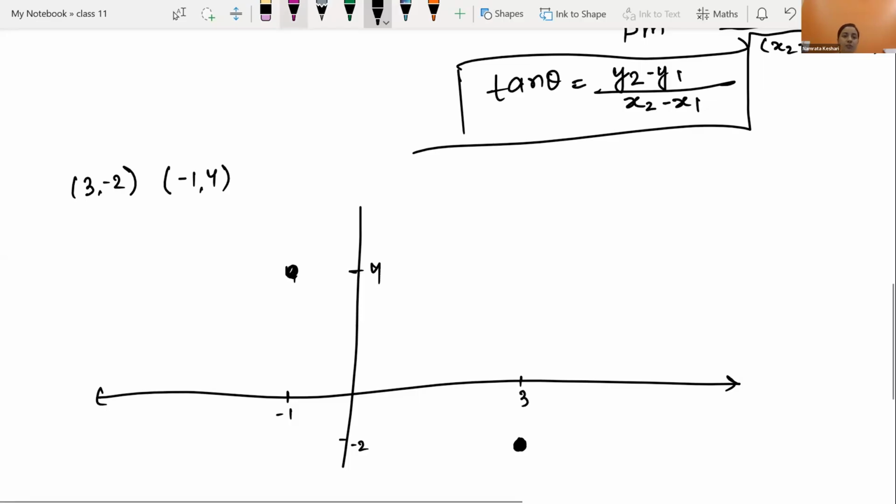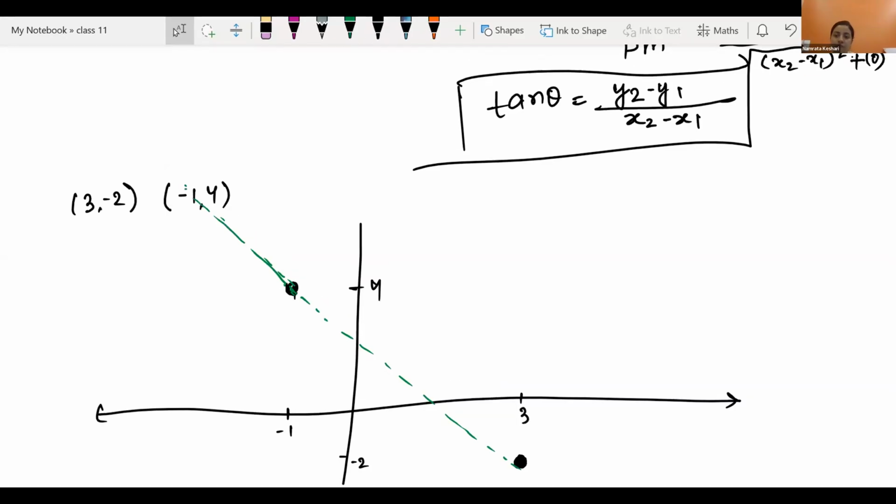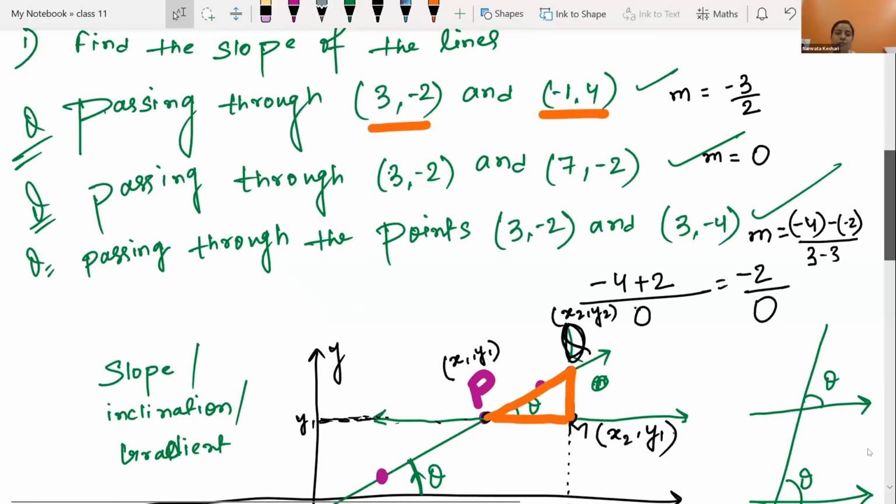And if we join them, we are talking about the slope of this line, right? Yes, ma'am. What was the slope? Minus 3 by 2.